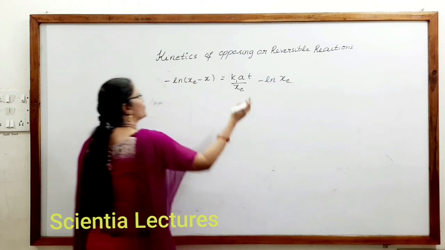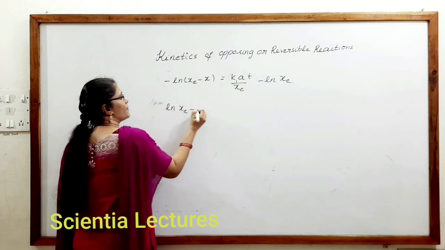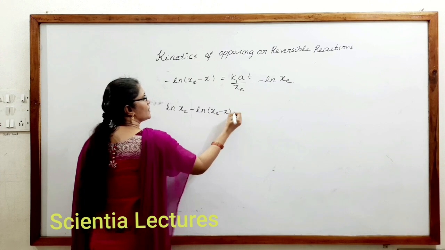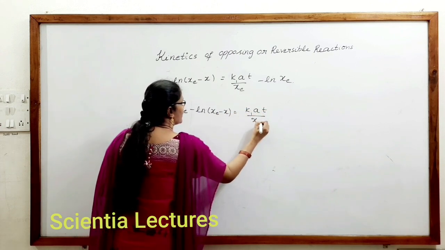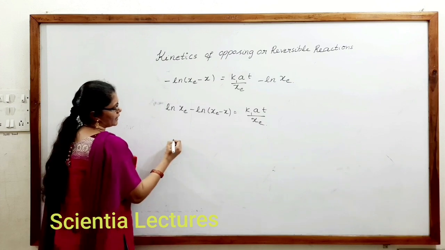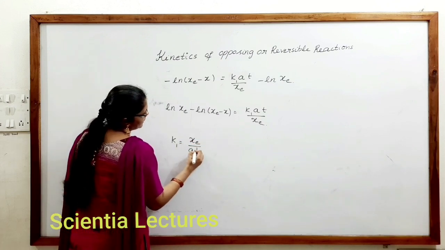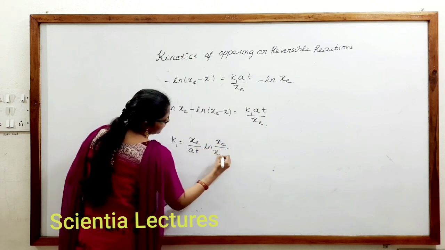So if you bring that to this side, what we will get? ln Xe minus ln (Xe minus X) must be equal to K1 A t by Xe. So this could be written as K1 is equal to Xe by A t, ln of Xe by (Xe minus X).